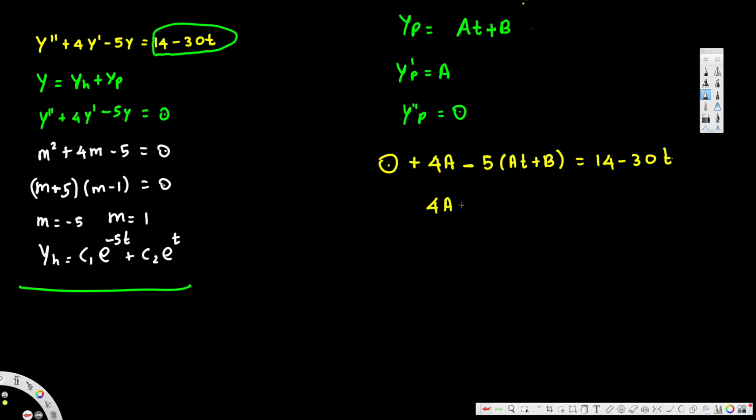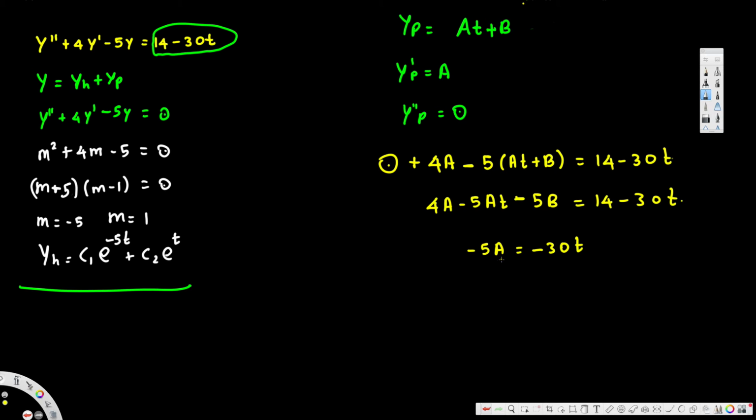Now let's simplify this one. 4a minus 5at minus 5b is equal to 14 minus 30t. Now here we have to compare the coefficients. The value that's with t is negative 5a. Negative 5a is equal to negative 30 if we compare coefficients.